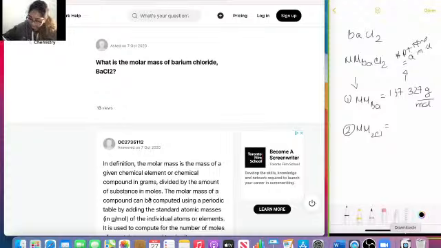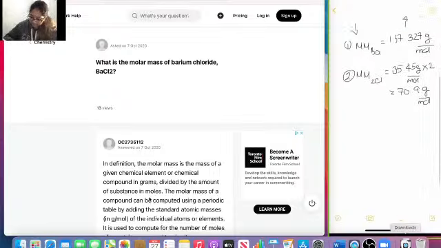The molar mass of 1 chlorine atom is 35.45 grams per mole, and since in this case we have 2, we multiply this by 2 and you get 70.9 grams per mole.